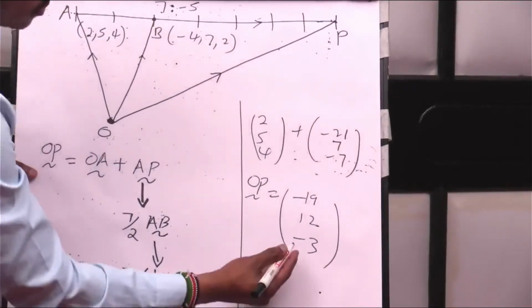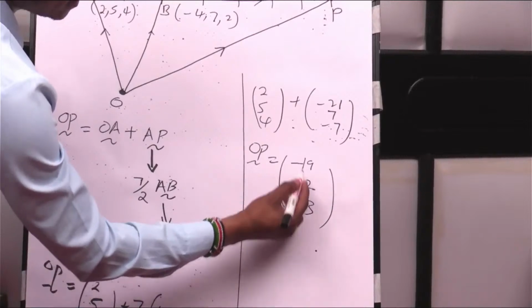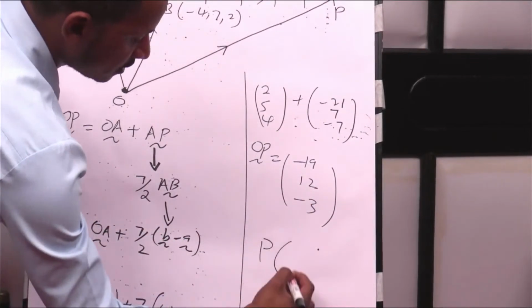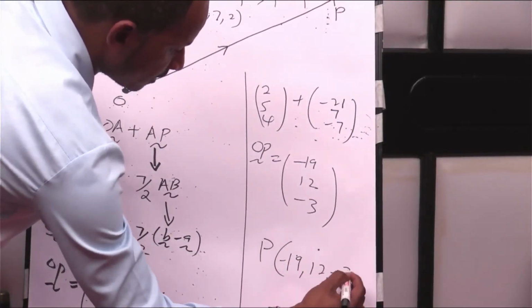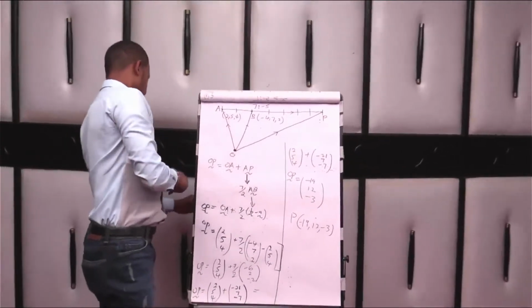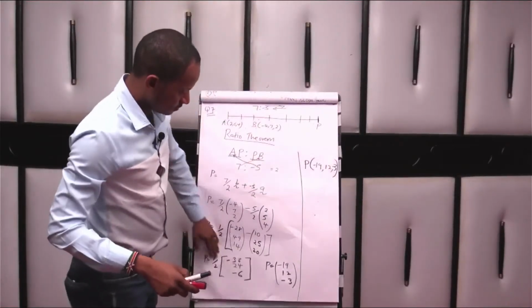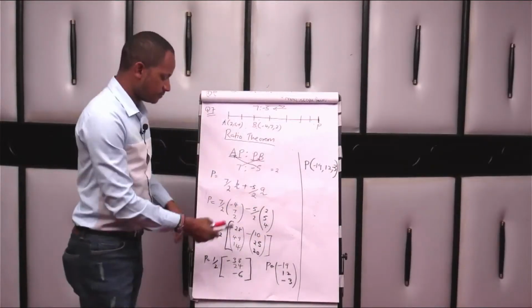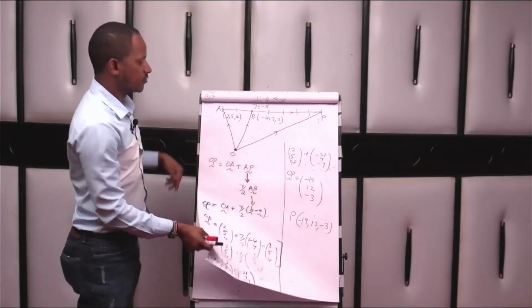So I think we are coming to the same answer. So OP is equal to minus 19, 12, minus 3. But the coordinates of P is minus 19, 12, minus 3. You write it in this form. I think this is the same as this. Is it? Is the same as this. So we are right. So you can use the ratio theorem, or you can use this other route. They are both correct.